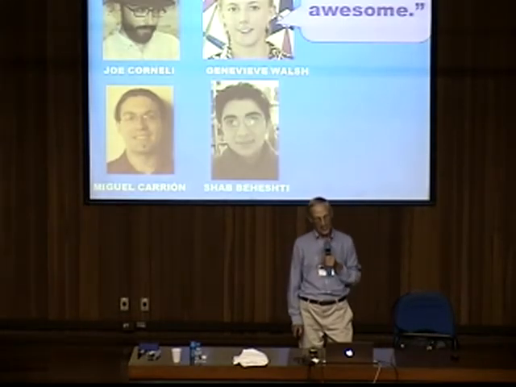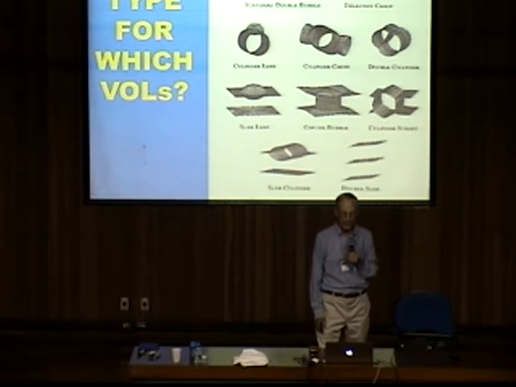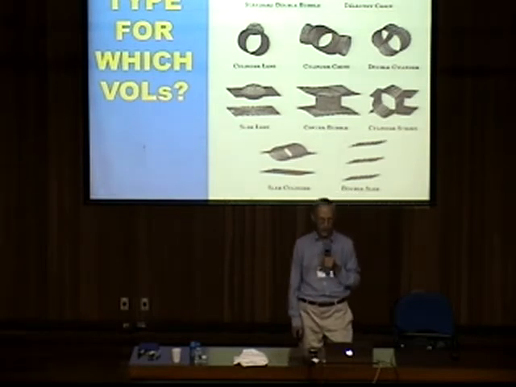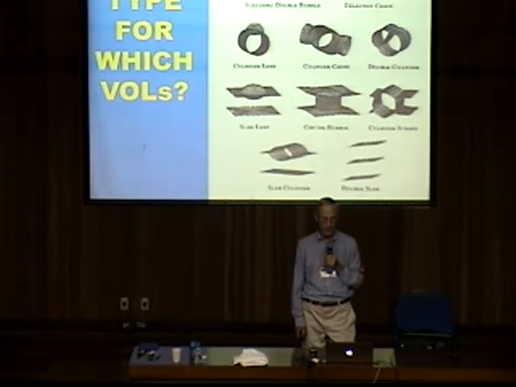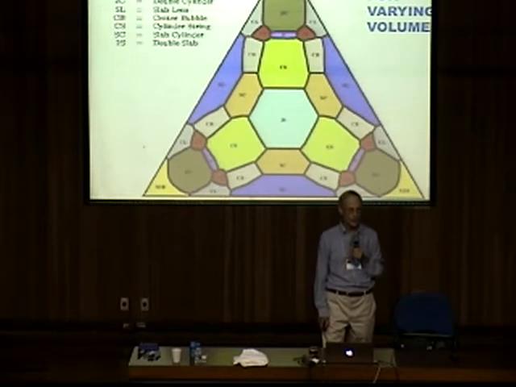And now again, you can ask, when does each type win? Once again, there's a triangle of possibilities, right? Each edge of the triangle is for one of the volumes being small, and the corners are 2 of the volumes being small.